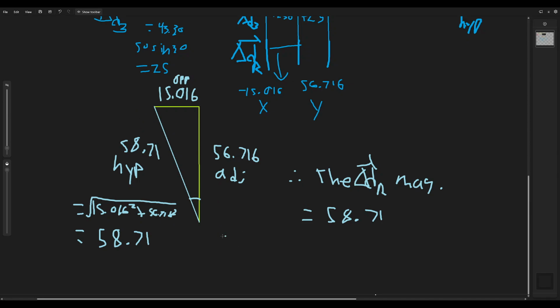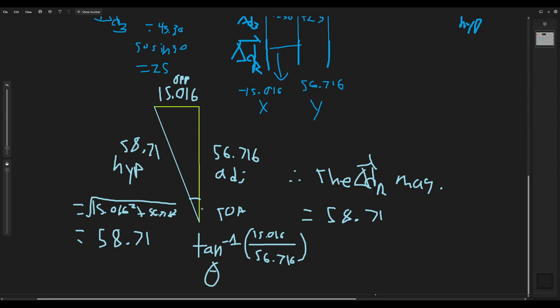And the way we can do that is use TOA, or tan equals opposite over adjacent, which in this case we do have, but we're going to use the inverse to find the angle. So tan inverse of 15.016 over 56.716.